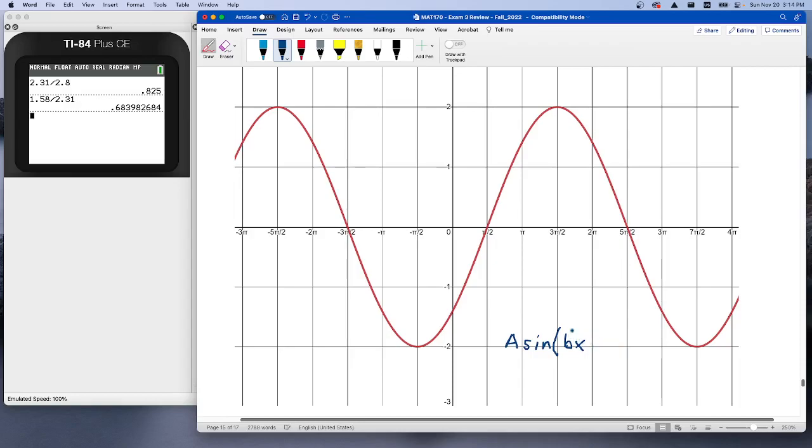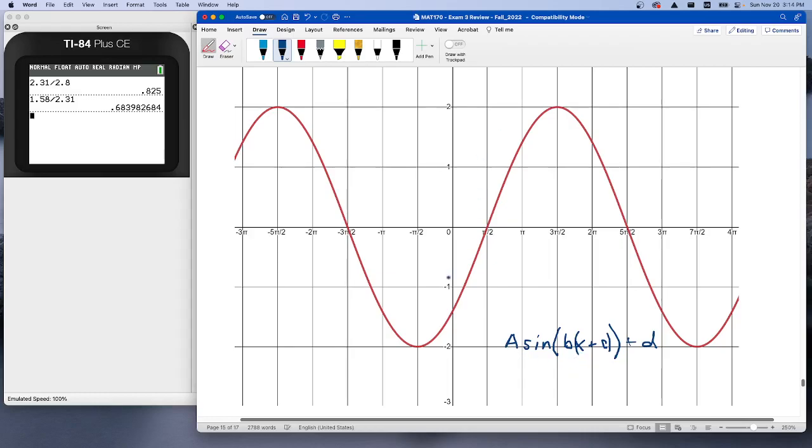So if we do it this way, because then B would distribute through, and then there's a shift, so that goes inside here, and then a vertical shift plus or minus goes out here, and usually we call that D. This would say plus or minus C, or we make C negative.